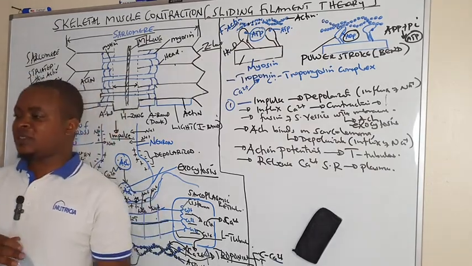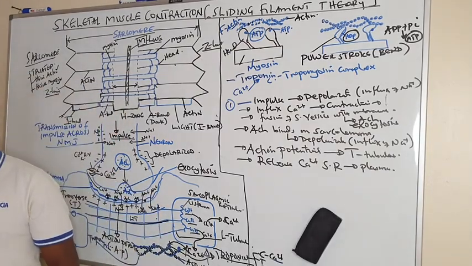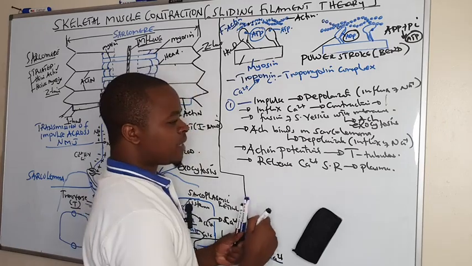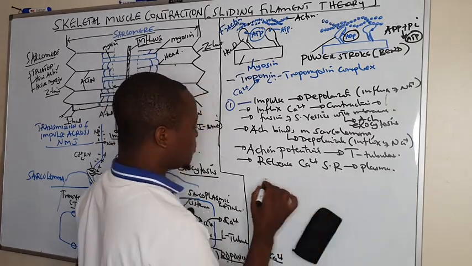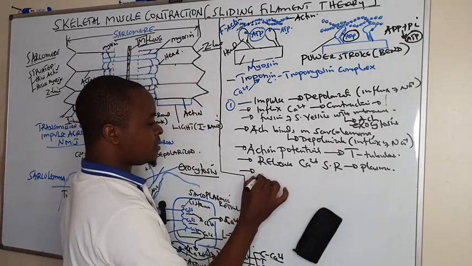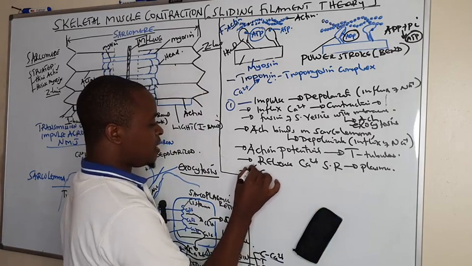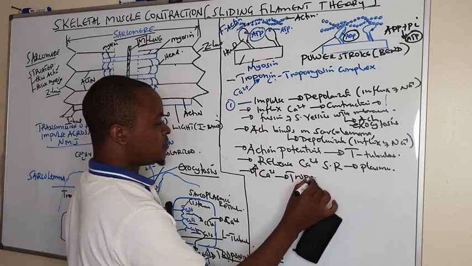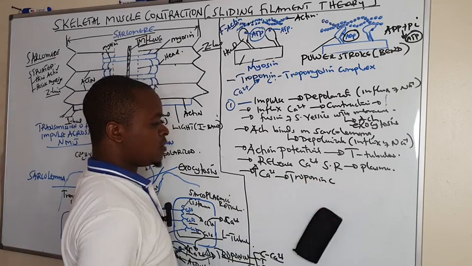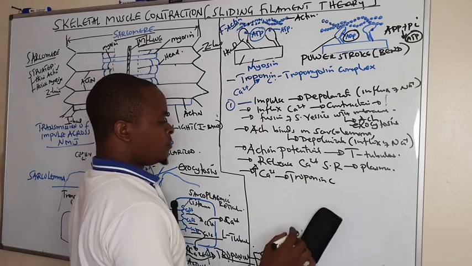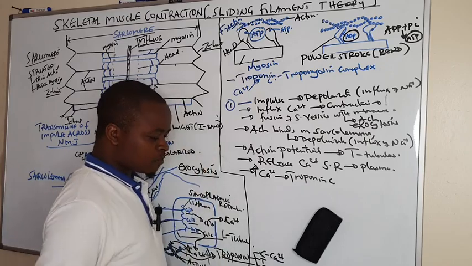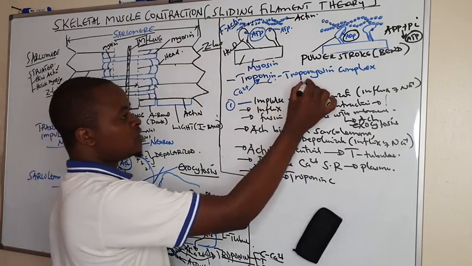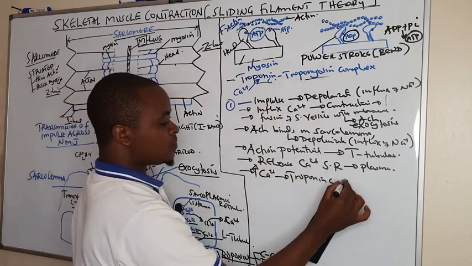After the release of calcium ions into the plasma membrane of the skeletal muscle, the increased levels of calcium bind on the troponin, especially troponin C, leading to formation of the troponin-tropomyosin complex.